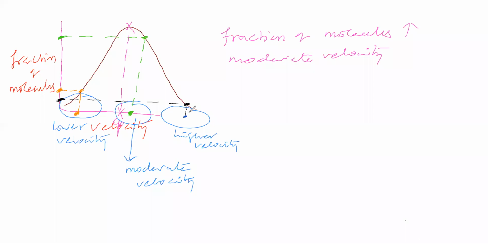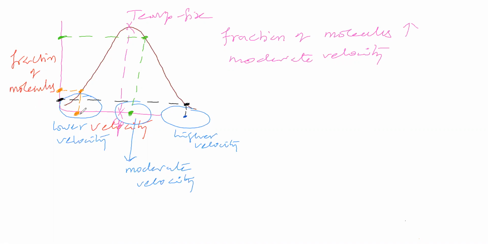Now see, where will the fraction of molecules be high at a given temperature? Okay, at a given temperature we are seeing, where will the fraction of molecules be higher, at lower velocity or moderate velocity or higher velocity, you see.